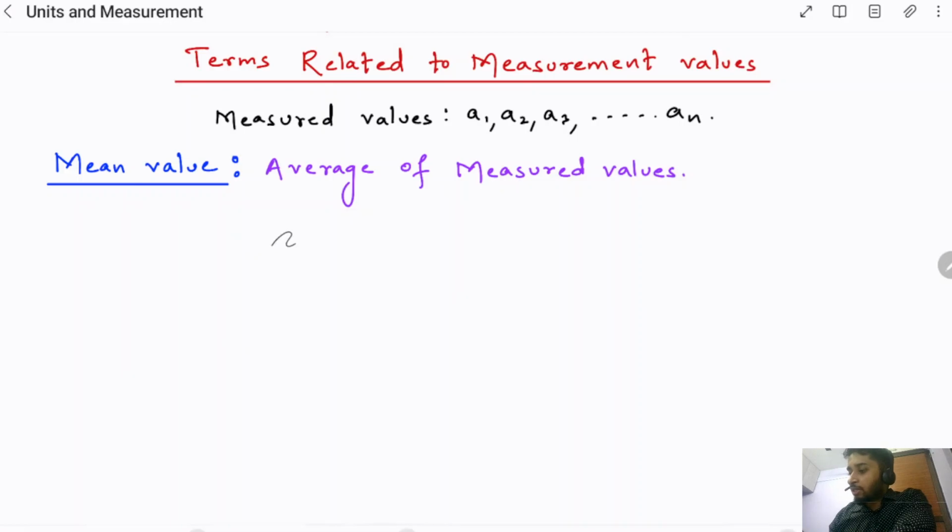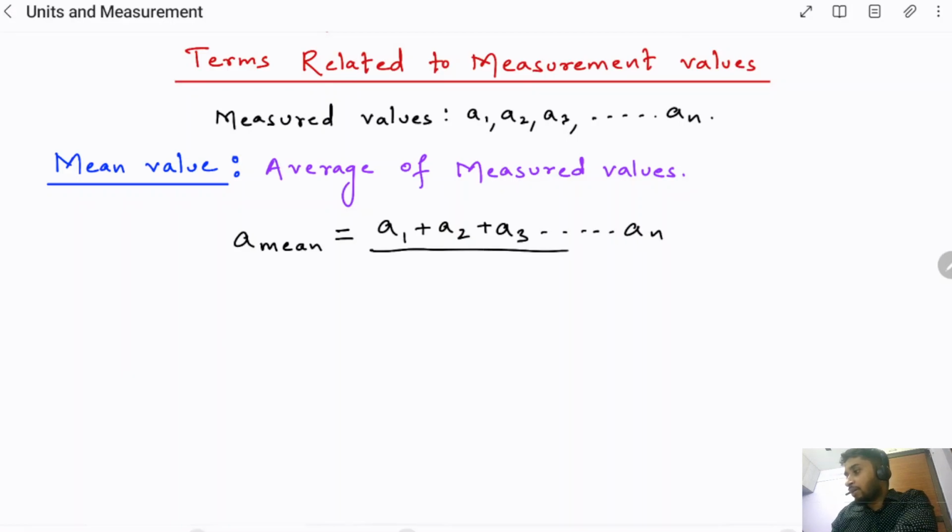Mathematically, the mean value, a mean, will be the sum of all the measurements, that is a1 plus a2 plus a3 so on till the nth measurement an, divided by n.